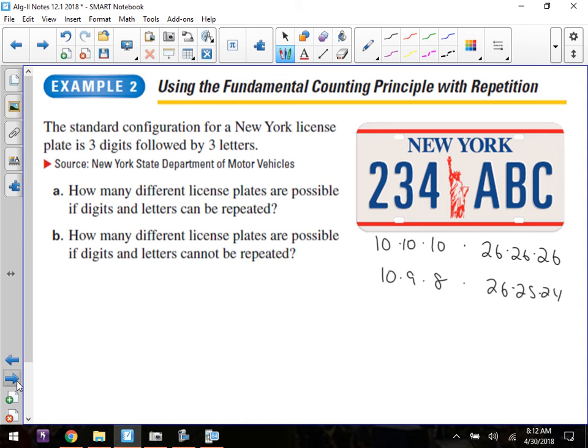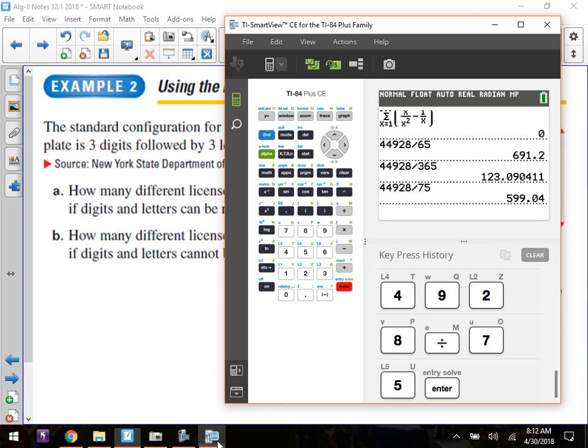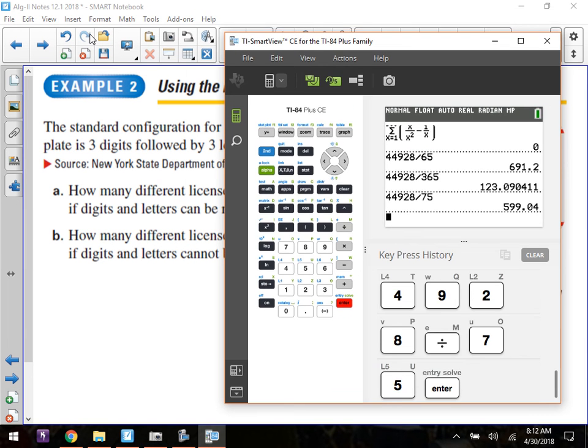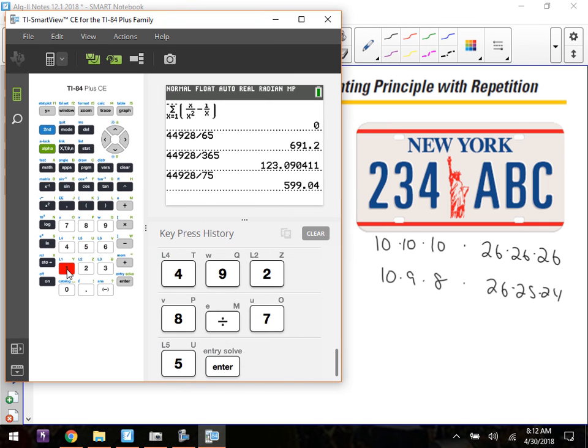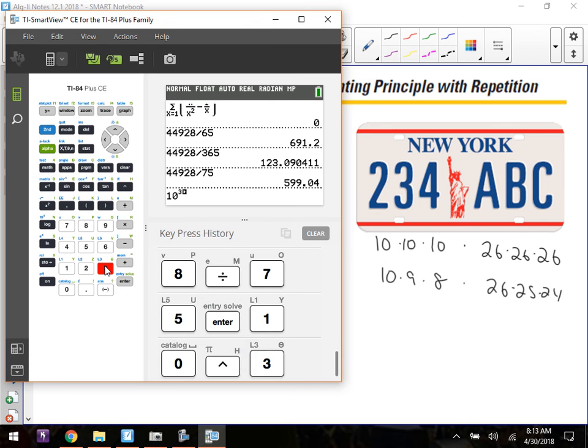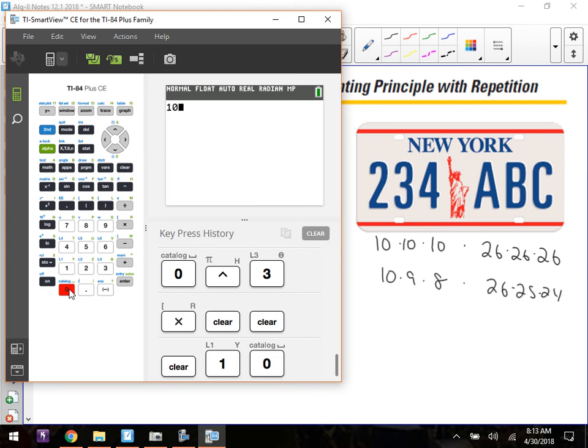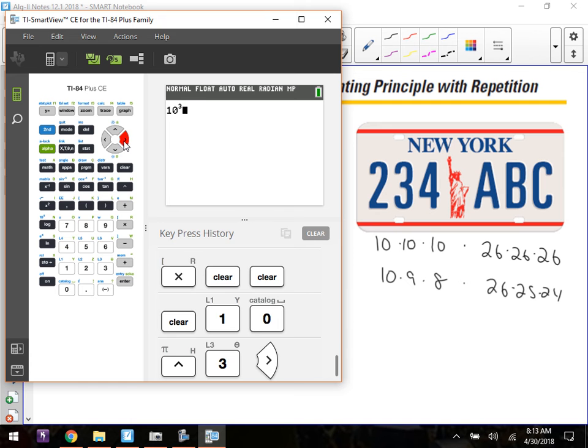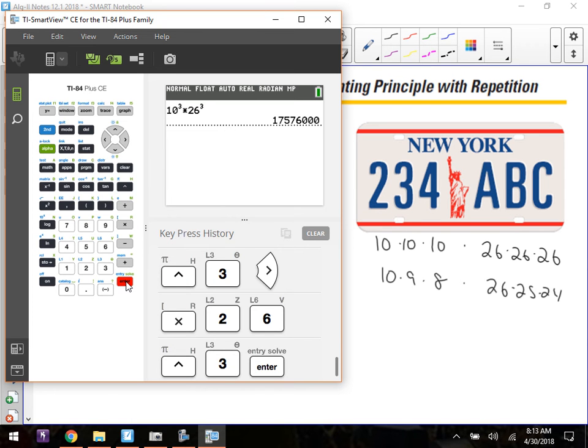So if you allowed for repetition, we had 10 to the... So here's your allowing repetition. You basically have about 17.5 million different license plate combinations.